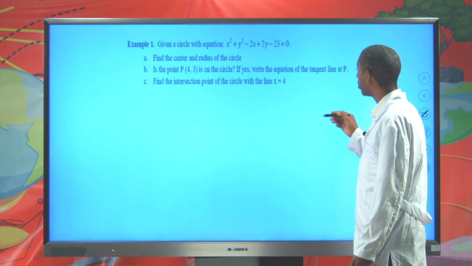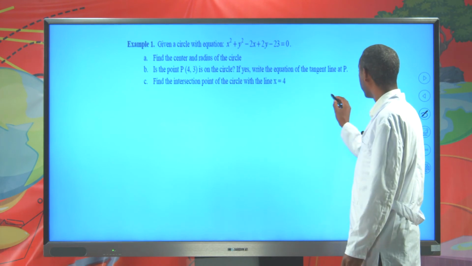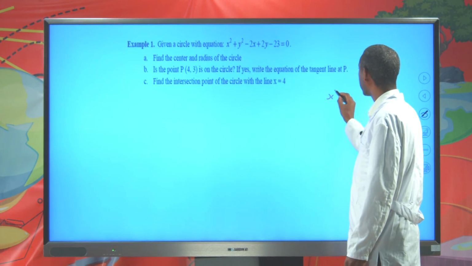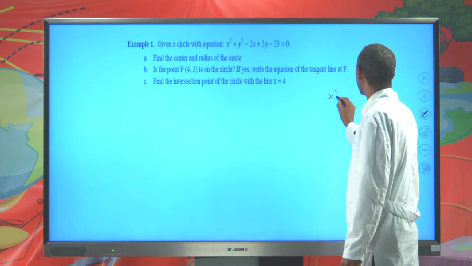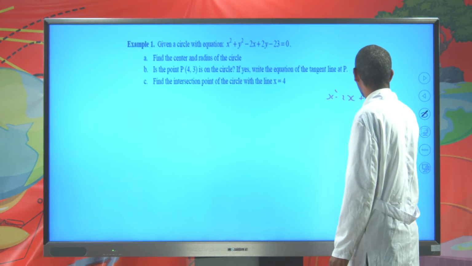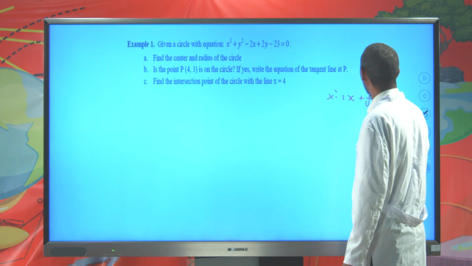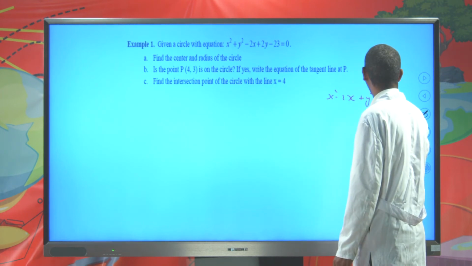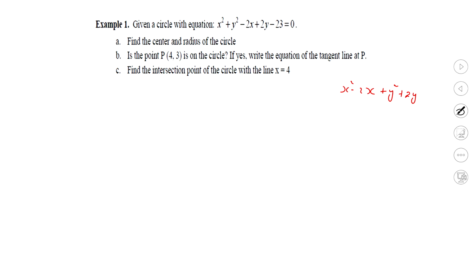As we did before, let's collect all the x's together. We have x squared minus 2x, then plus y squared plus 2y. If I add 23 on both sides, my new equation becomes equal to 23.